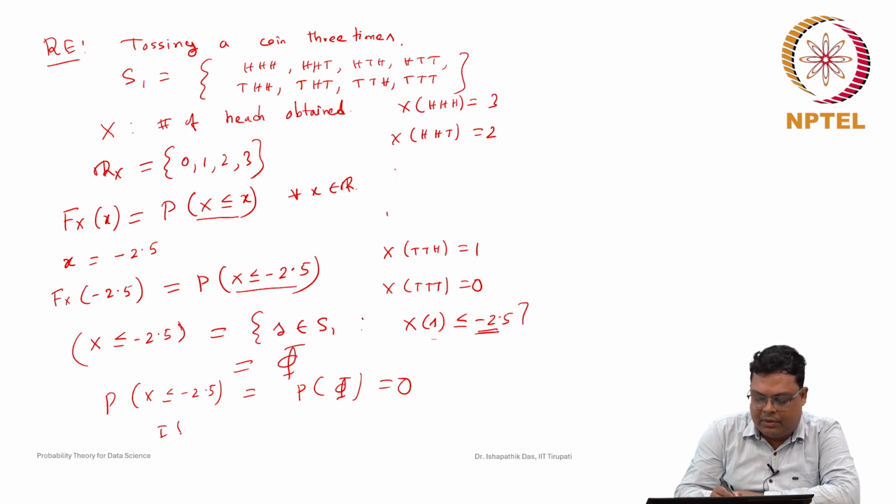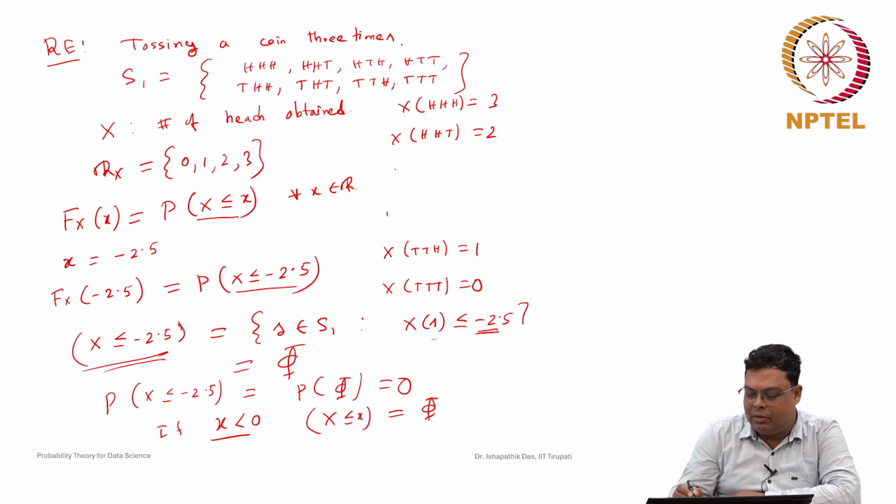So if x is less than 0, then the event X less than or equal to x will be the null set. Whenever x is less than 0, any number like minus 2.5, the values of X are never less than this negative number, so that is the null set. So the probability will be 0.